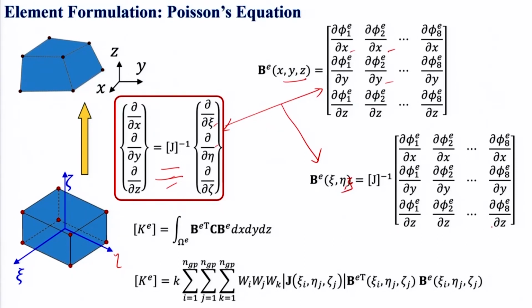Once the B matrix is written in terms of xi, eta and zeta and substituted here, this entire thing is written as a function of the natural coordinates, and then finally our coefficient matrix will be this.